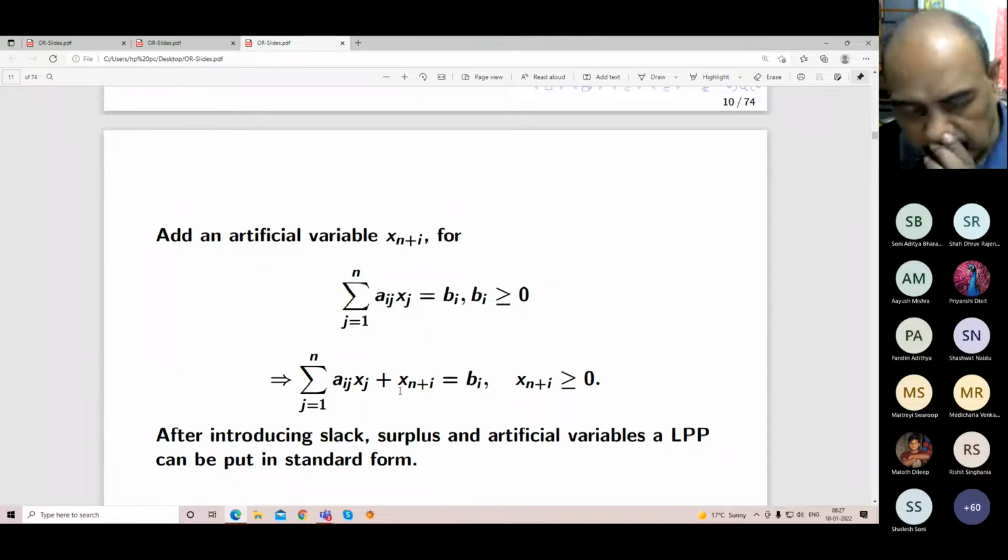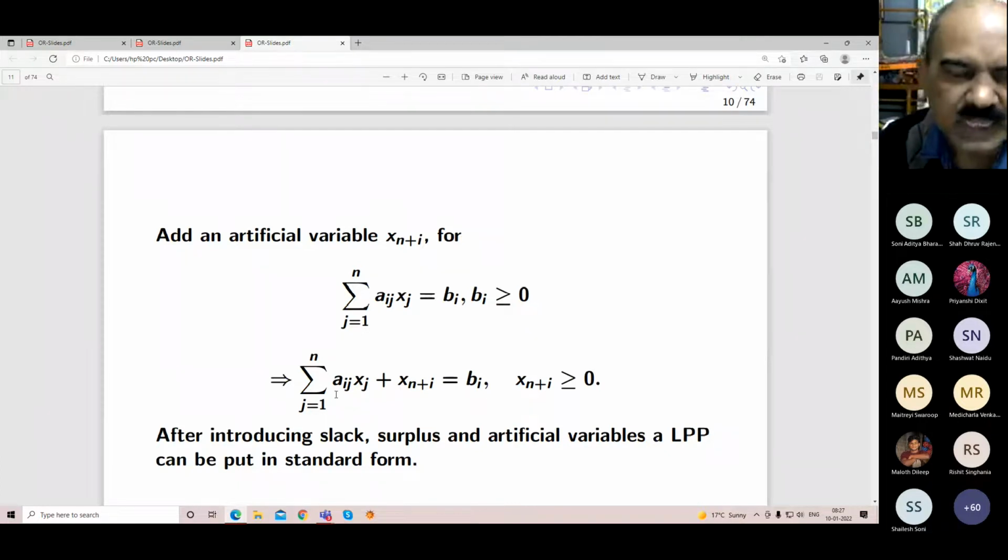So please remember, if there is an equation in a linear programming problem, there you have to add an artificial variable. So in general, if there is an inequation in a linear programming problem, we add a slack variable.